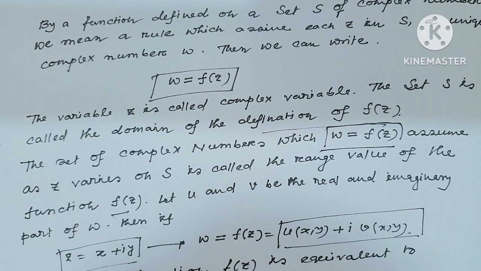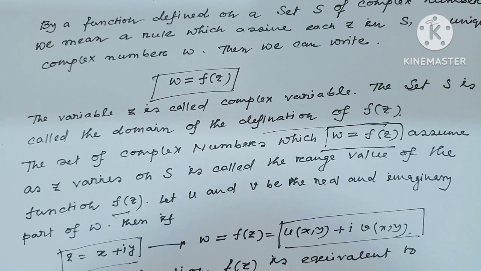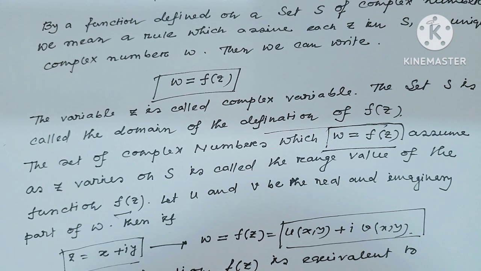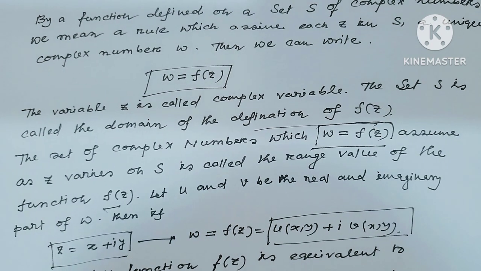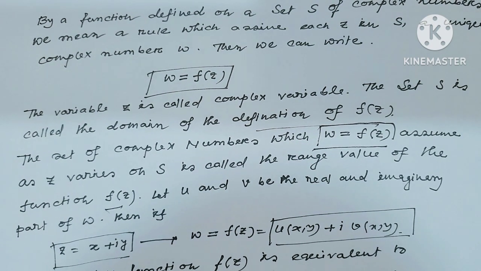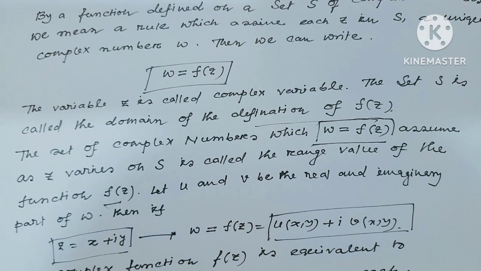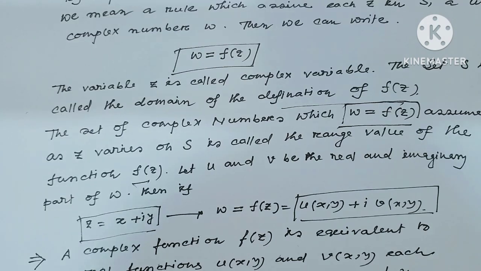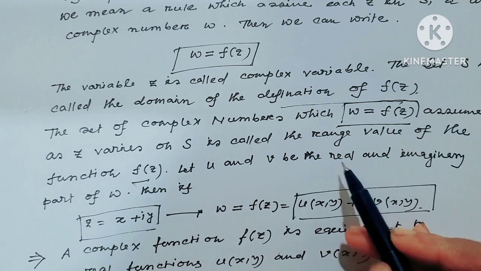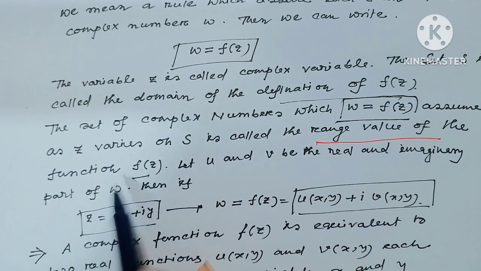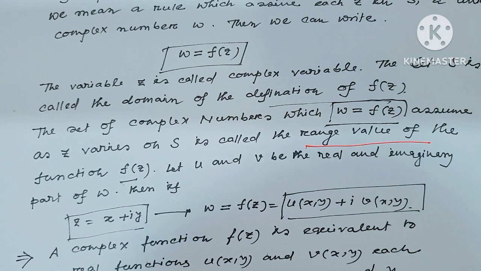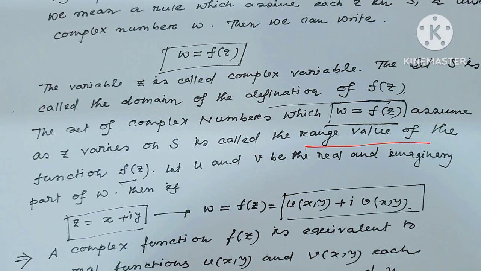Here the variable z is called a complex variable. The set S is called the domain of definition of f(z), and the set of complex numbers w equal to f(z), as z varies on the set S, is called the range of the function f(z). Let u and v be the real and imaginary parts of w.